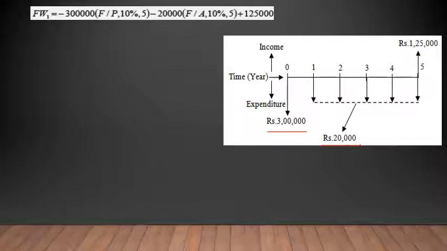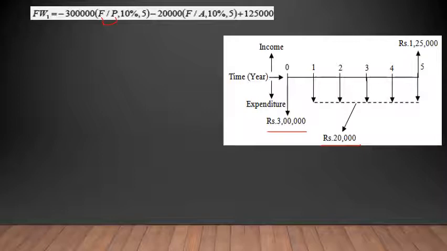First, let us consider this 3 lakh rupees. What is this? This is P. P has to be converted into F using the factor F by P. That is, I am converting P into F at a rate of interest of 10%, and N will be 5 because the gap between 3 lakh and the end is 5.